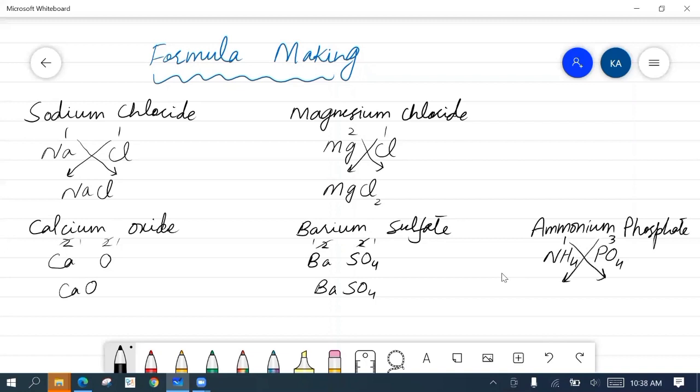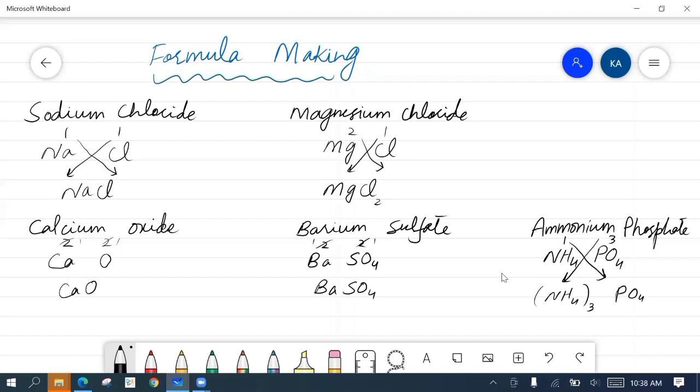With the ammonium we need to write 3, and 3 is greater than 1, so we need to use brackets, because whenever an ion is polyatomic and the number needed with it is greater than 1, we use brackets. There is no need to use a bracket with the phosphate because the number coming with the phosphate is 1. So our formula is ammonium thrice phosphate.